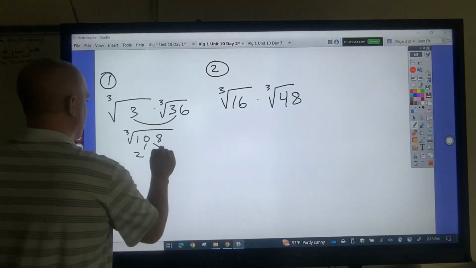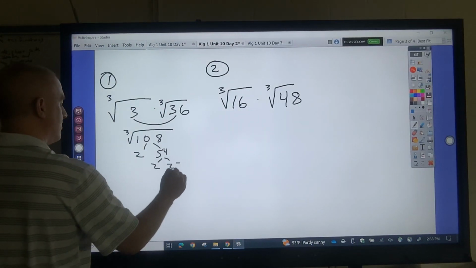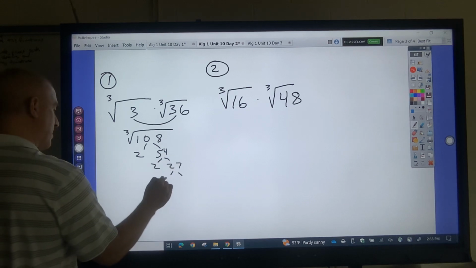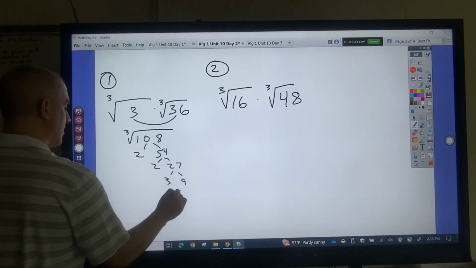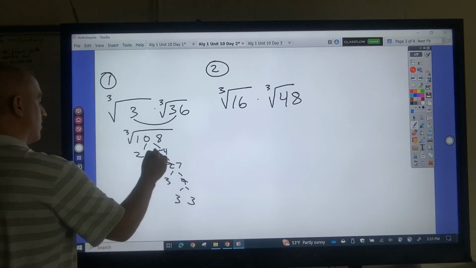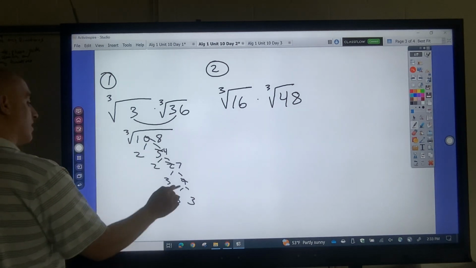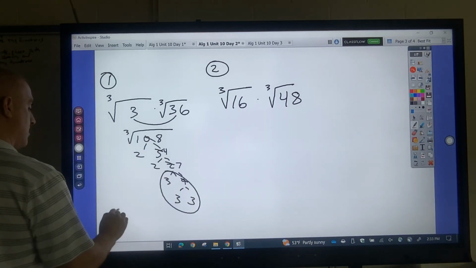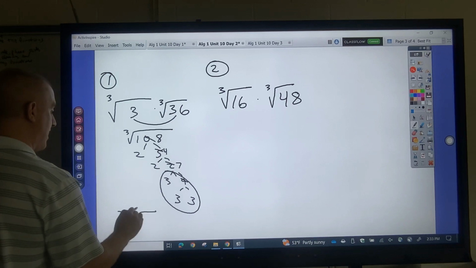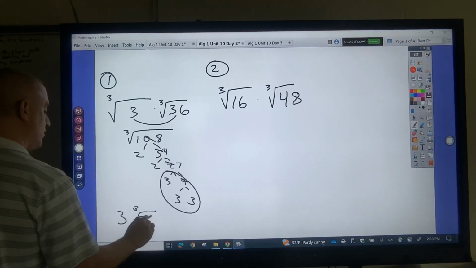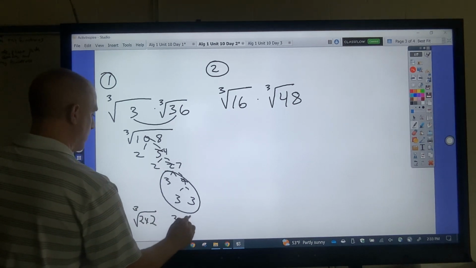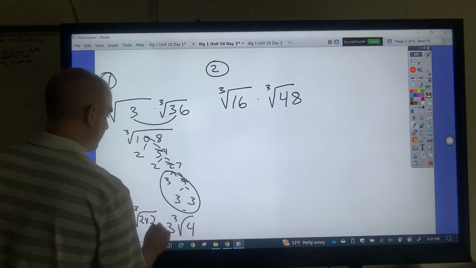Yep, 2 and 54, then 2 and 27. Then 2 wouldn't go into there, but 3 and 9 would, and then 3 and 3. Okay, cube root, I'm looking for groups of 3. So that'd be 3, I can only take 1 out of that. What's left over? 2 times 2, so it'd be 3 cube root of 4. Okay?